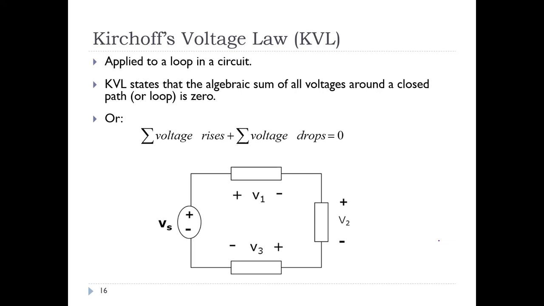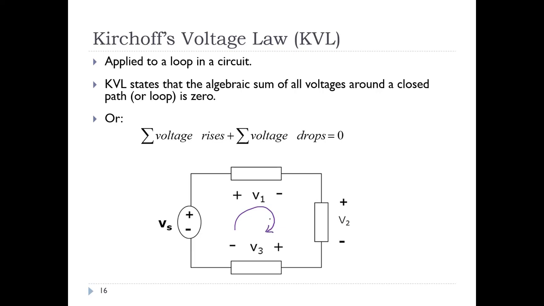Okay, KVL states that the total sum of all voltage around a closed loop or path is 0. So total voltage rise plus total voltage drop should be equal to 0. So let's say you are given this circuit and the polarity of each element has already been assigned. Whenever you need to apply KVL, you need to draw an arrow, either in clockwise or counterclockwise direction.